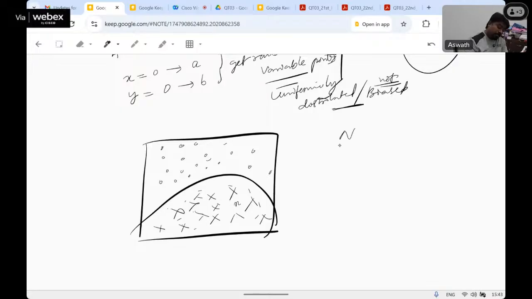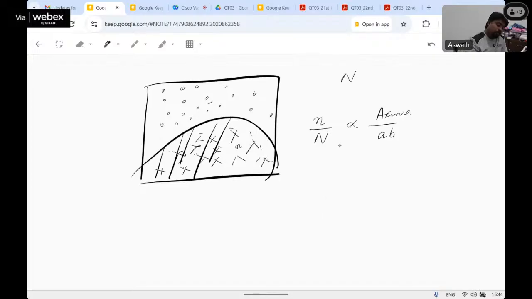The interesting thing is that the ratio of the number of points falling within the region divided by the overall number is proportional to the area under the curve divided by the overall area A into B. So the area under the curve I can simply get as A B multiplied by n over N.